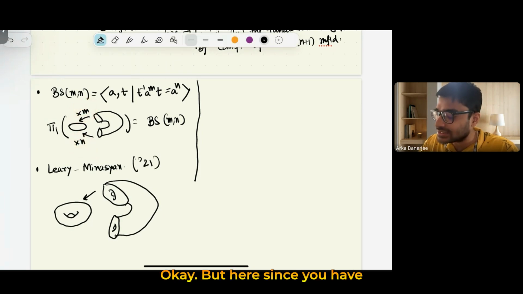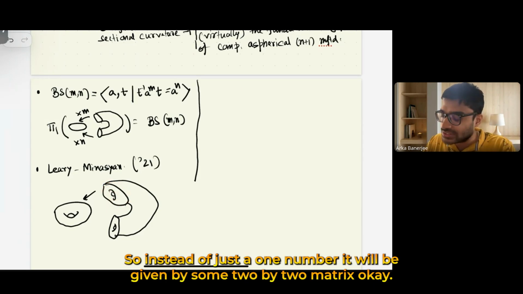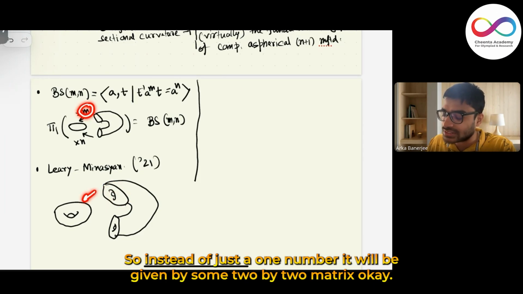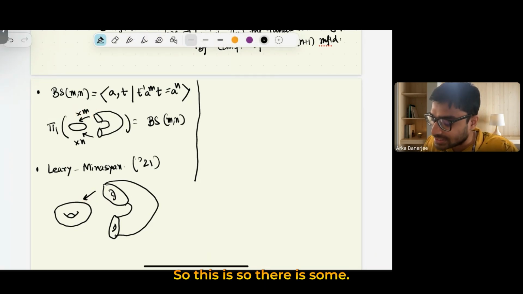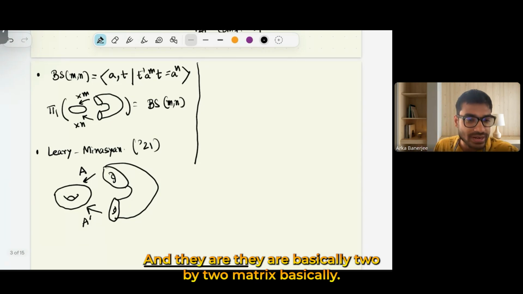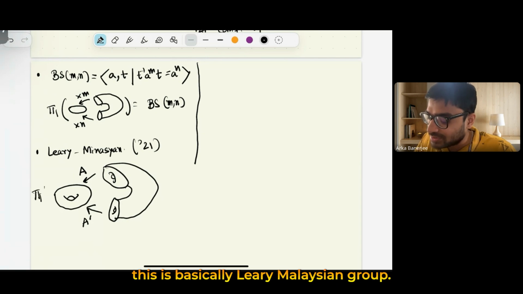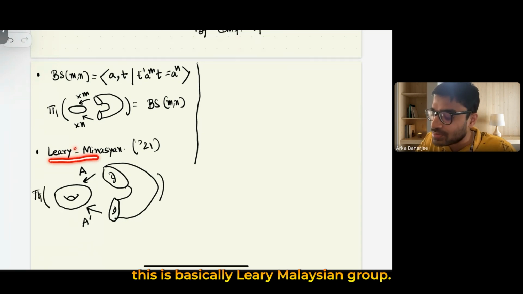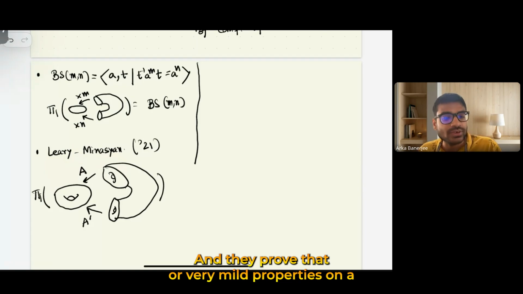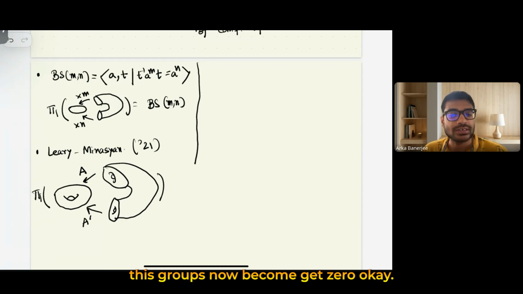Since the fundamental group is Z^2, the direct sum Z plus Z, instead of just a single number, it will be given by a 2 by 2 matrix. So there is some map A here, some map A prime here, and they are basically 2 by 2 matrices. It turns out the fundamental group of this is the Leary–Minasyan group, and they proved that under very mild properties on A, these groups become CAT(0).